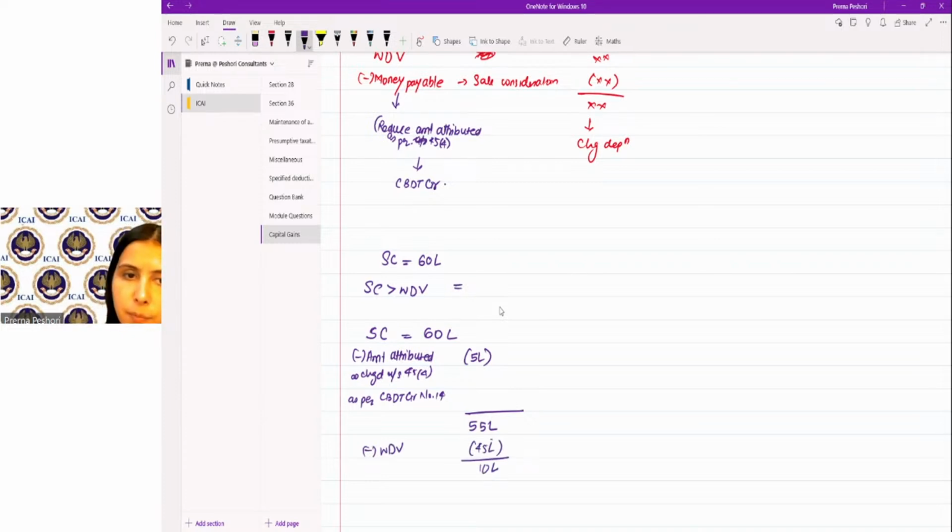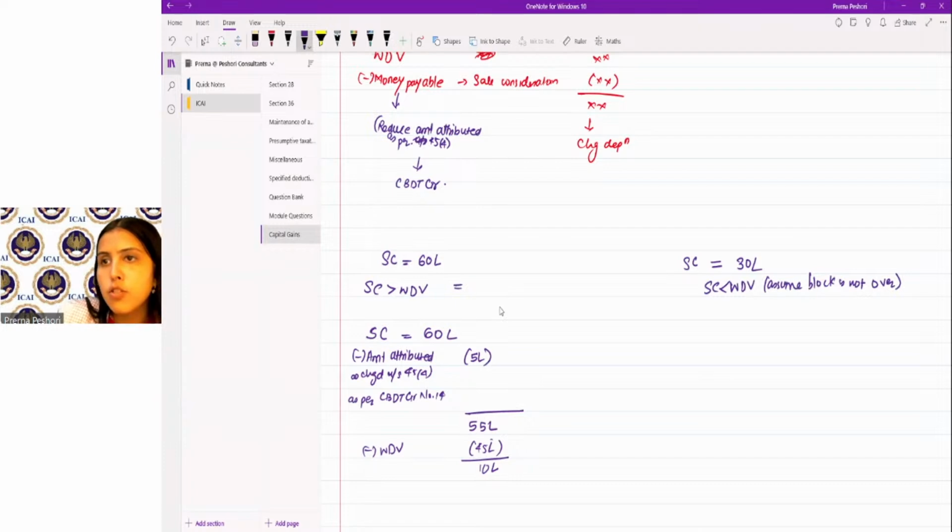And let's say if my sale consideration would have been, let's say, 30 lakh. So sale consideration less than WDV. Assume block is not over, right? Otherwise, you may say that the block has extinguished.